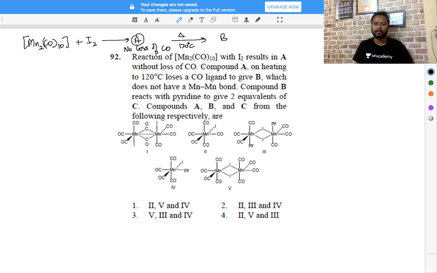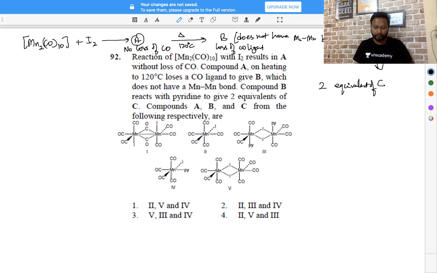So loss of CO ligand is done over here. B does not have an Mn-Mn bond, that is also given, so there is no Mn-Mn bond in B. Now you react compound B with pyridine to give 2 equivalents of compound C.